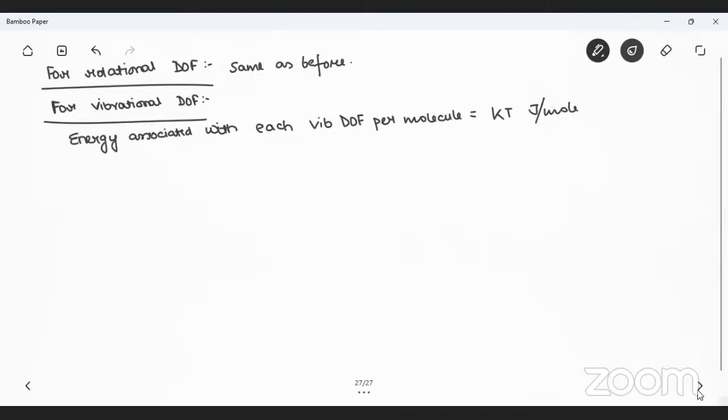Joule per molecule. And the energy associated with each vibrational DOF per mole, what will be the formula? RT, joule per mole. Is it okay? Now, is it done? Is it okay? Yes, ma'am. Okay, wait.